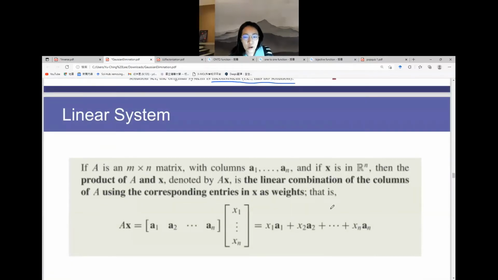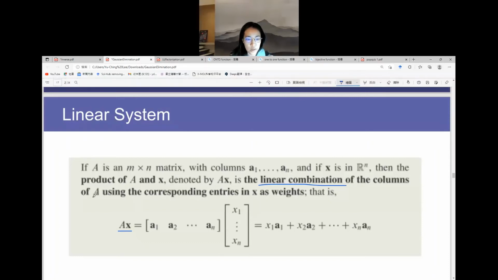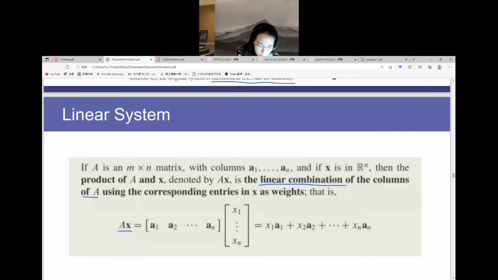And now we define what a linear combination is. We attempt to write the A matrix times the X vector as a linear combination of the columns of A. So this is AX, the A matrix times the X vector.